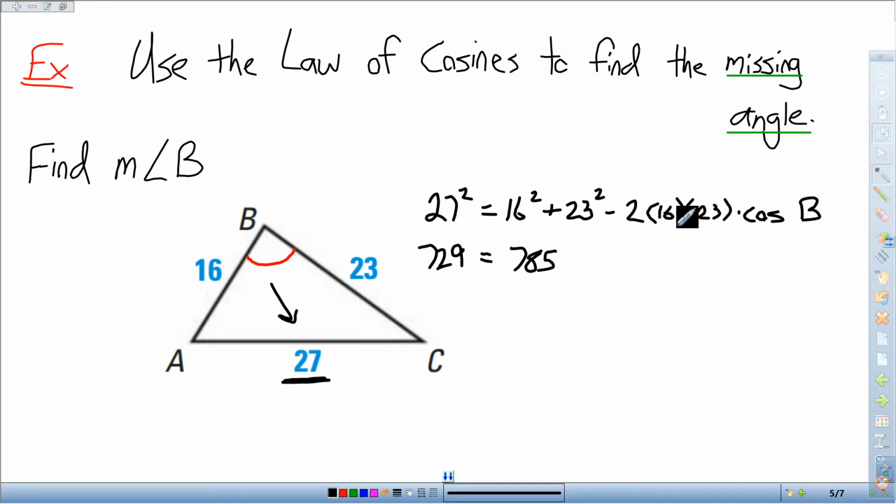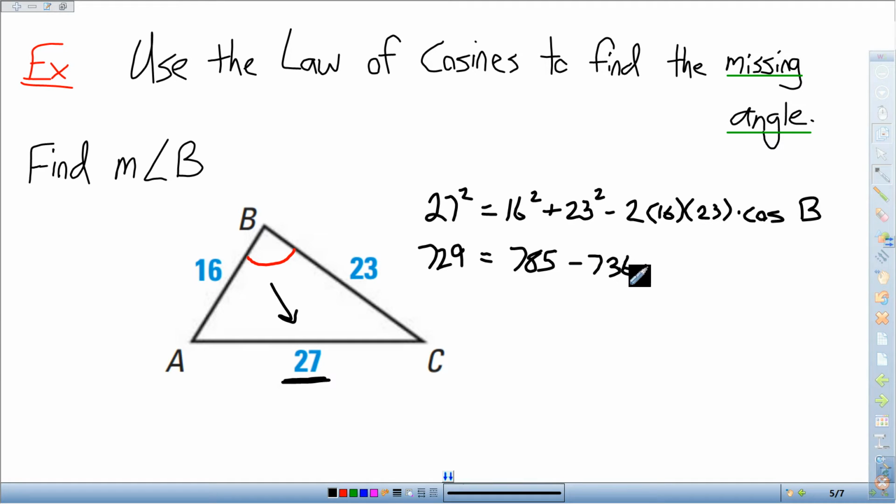All right, be careful. This stuff right here, I can actually multiply together. Again, I'm just simplifying here, but we have to follow our order of operations on this. We can't mix stuff together, and that's how you mess these problems up really easily. So negative 2 times 16 times 23, I'm getting a negative 736.